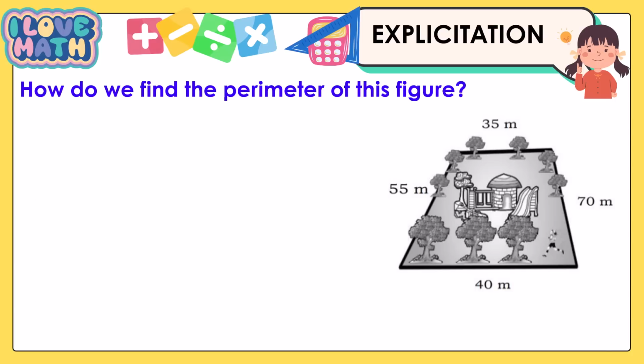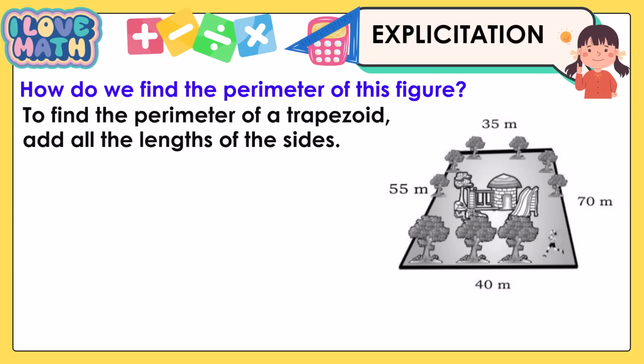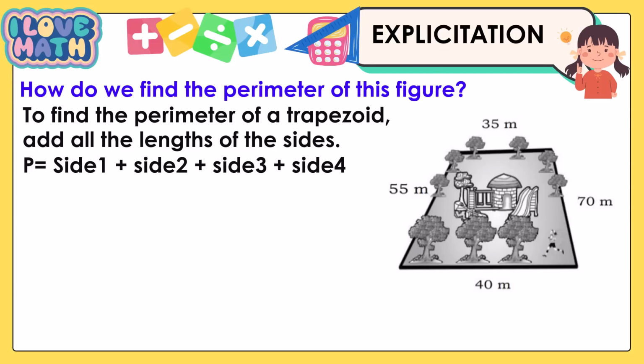How do we find the perimeter of this figure? To find the perimeter of a trapezoid, add all the lengths of the sides. P is equal to side 1 plus side 2 plus side 3 plus side 4.